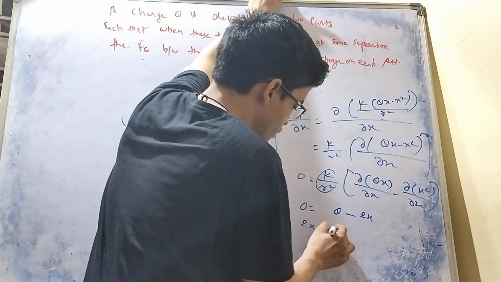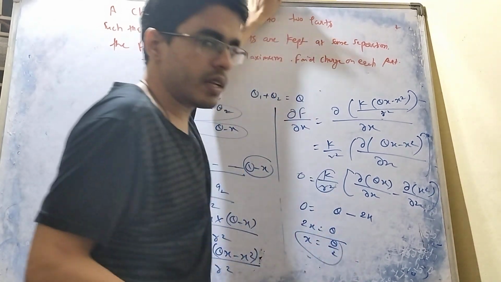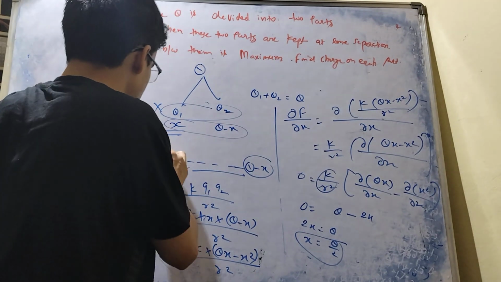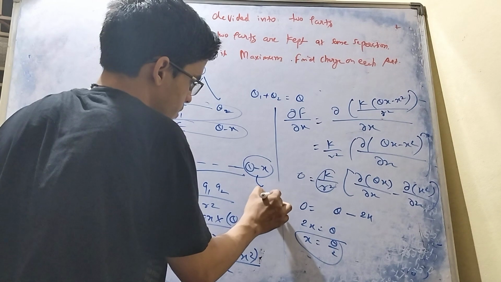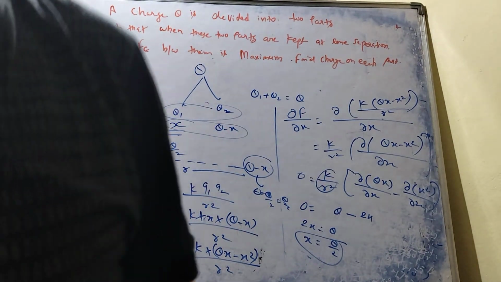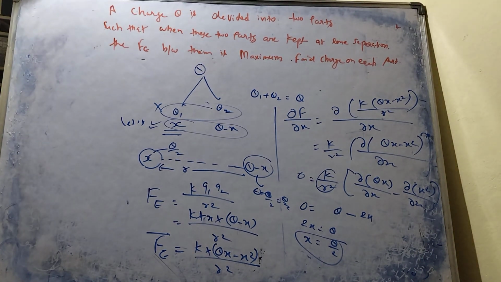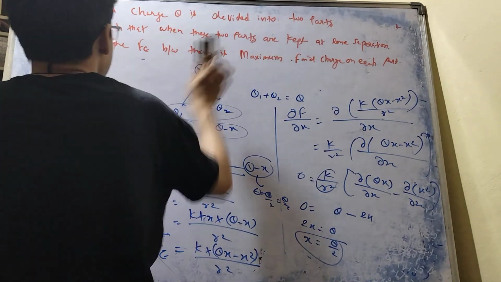This will be 2x equals Q. So x equals Q by 2. It means x equals Q by 2, right? And what about this? This is also Q minus Q by 2, which will be Q by 2. So both are Q by 2, Q by 2.